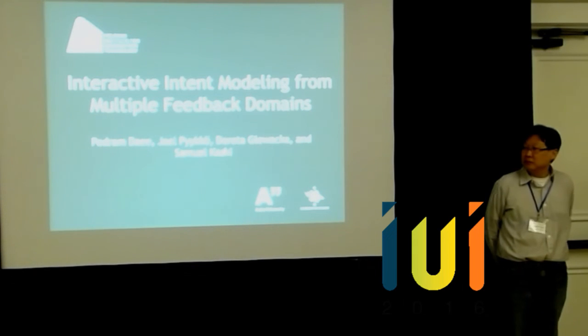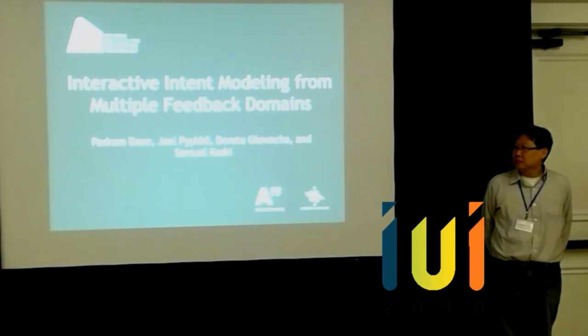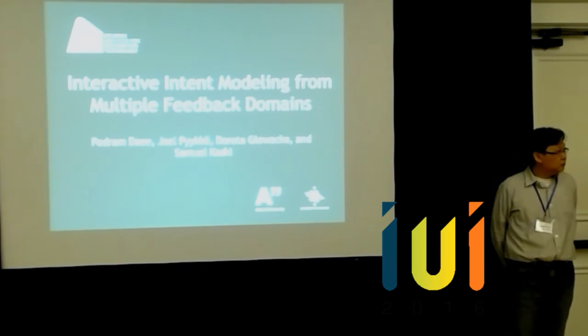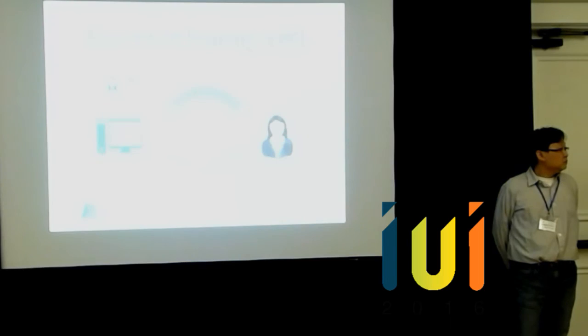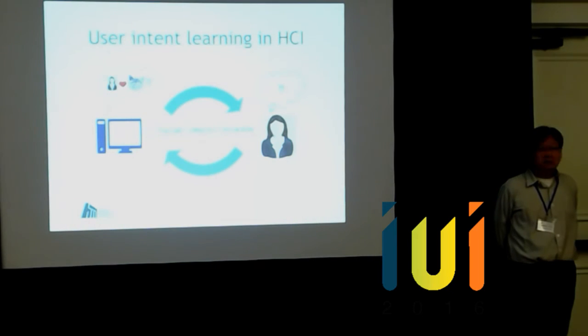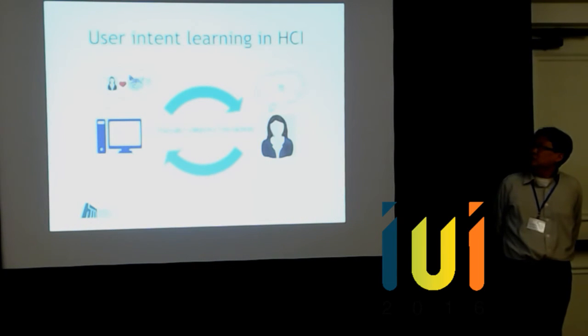Hello everyone, my name is Pedram and I presented our paper, Interactive Intent Model from Multiple Feedback Domains. The problem that we are dealing with is how a system can learn user intent in a human-computer interaction scenario. There's a user on one side with a hidden intent and there's a system.